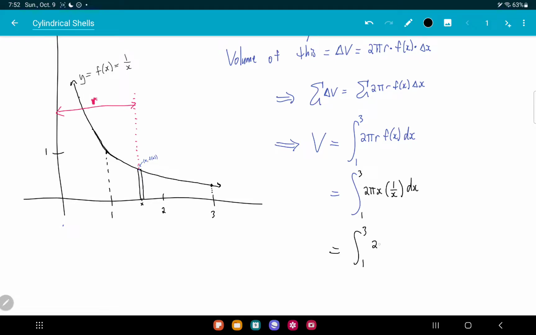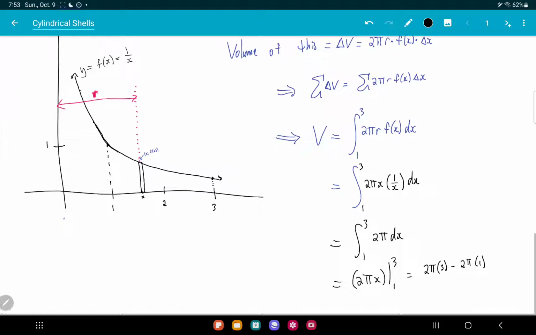We get just 2 pi surviving here, 2 pi dx. 2 pi is a constant, so we get just 2 pi times x as the antiderivative from 1 to 3. So we get 2 pi times 3 minus 2 pi times 1. So that is 6 pi minus 2 pi, 4 pi.